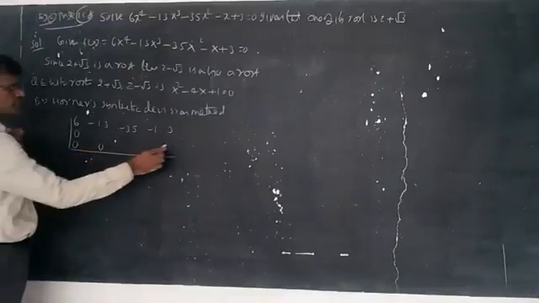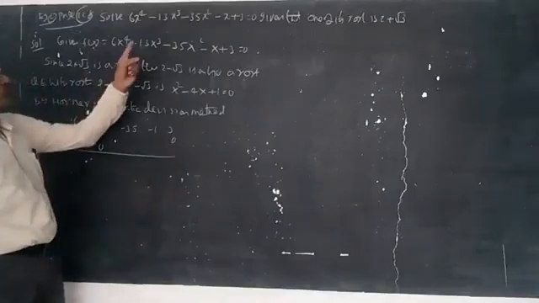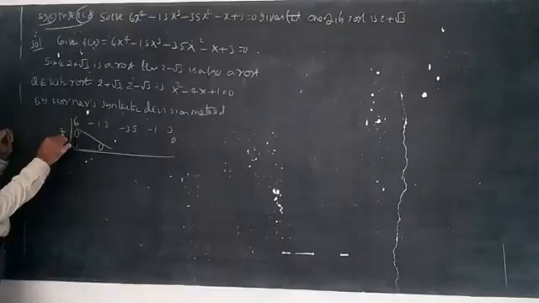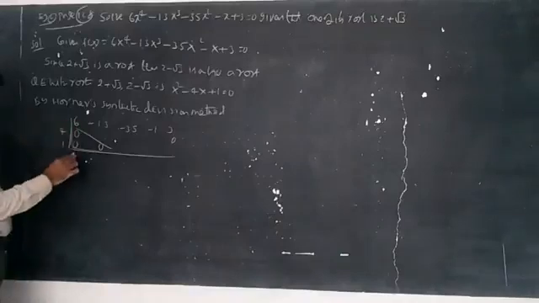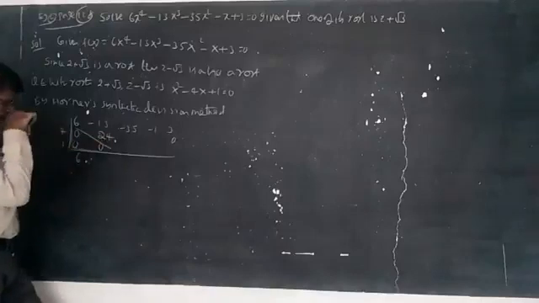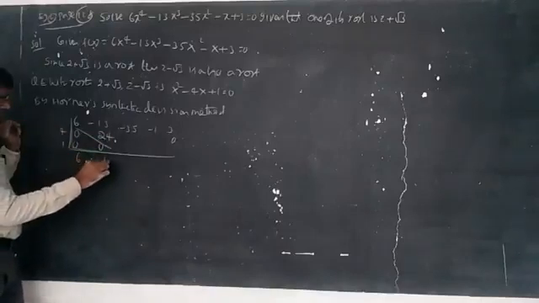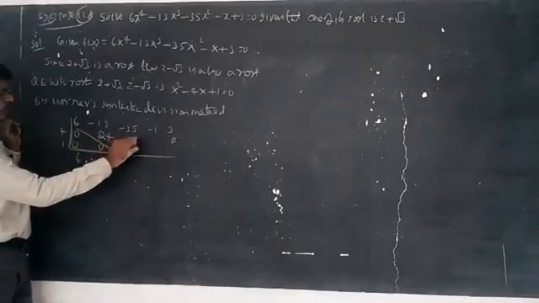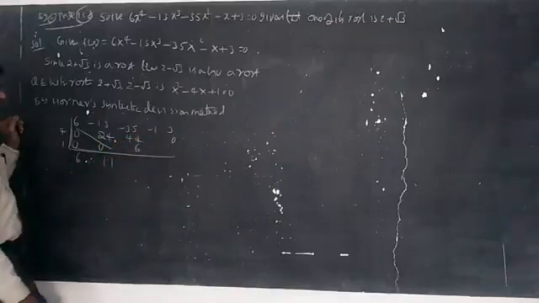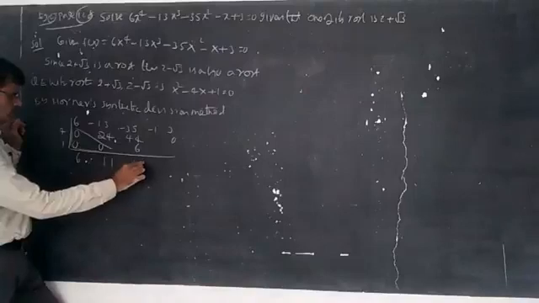Put 0 0 0 here. The quotient has powers 4, 3, 2, 1 and a constant, the proper way. Put 4 and 1 here. So 6, add here 6, 6 fours are 24. Here this is 11. 11 fours are 44 and 6 ones are 6. 44 plus 6 is 50, 50 minus 35 becomes 15.